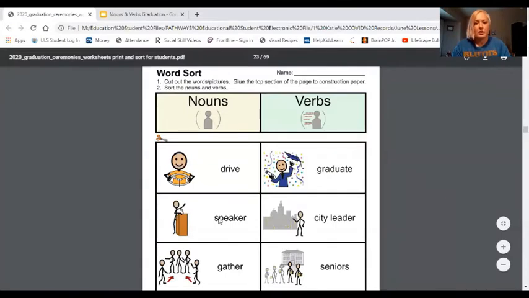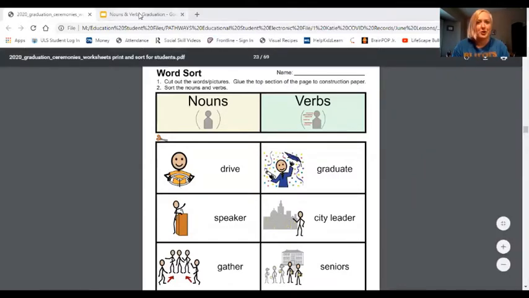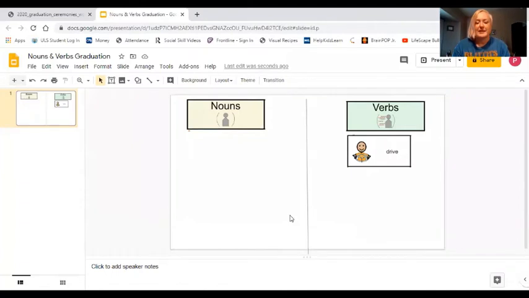Our next word, we're going to go down the column on the left, and then we'll do the column on the right. Our next word is speaker. So I'm going to cut out speaker. If I'm going too quickly, you can pause this and get everything cut out before we start and follow along with me. Speaker.